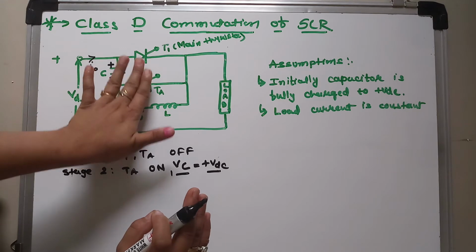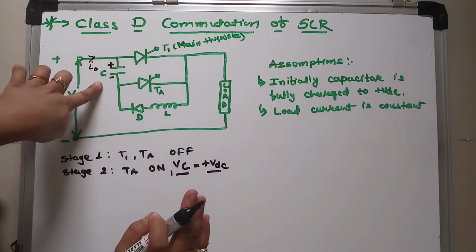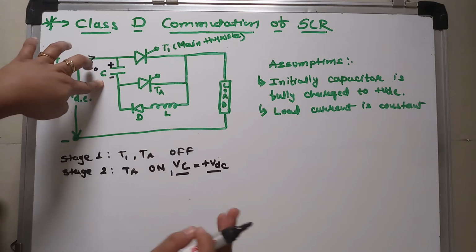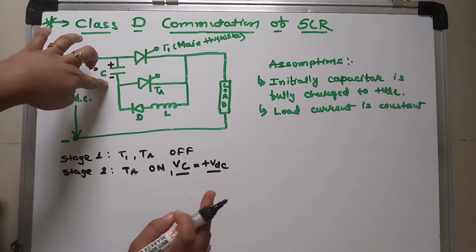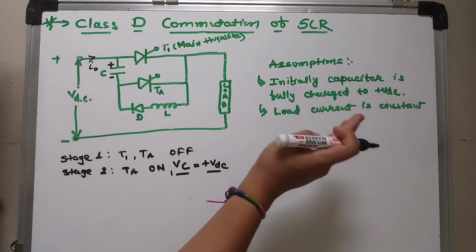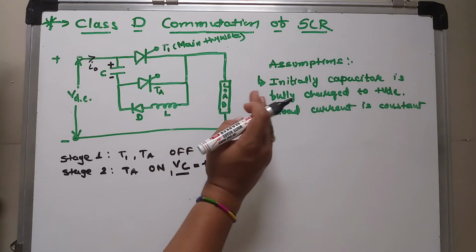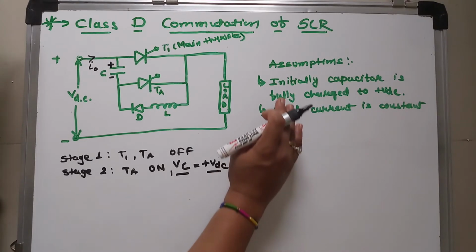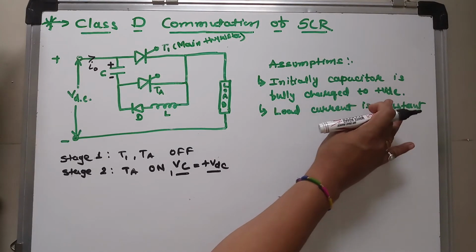So T1 is also off, TA is also off, and the capacitor is now fully charged with the upper plate positive and lower plate negative. That's why the assumption we took before starting the working of the circuit, that initially the capacitor is fully charged to plus VDC, is now correct.